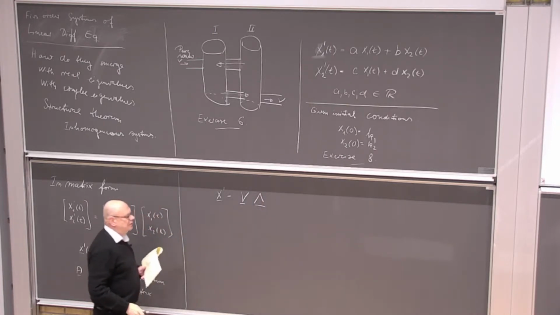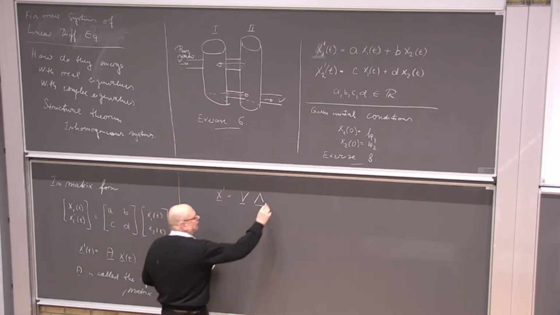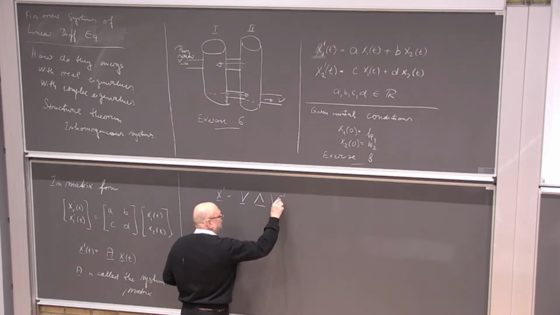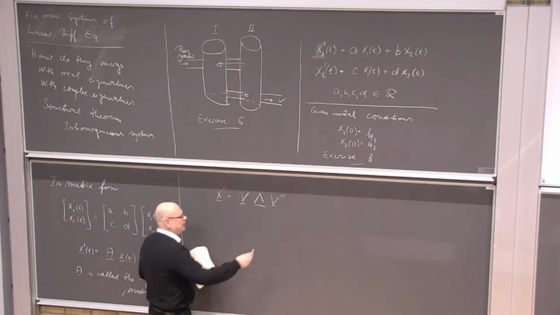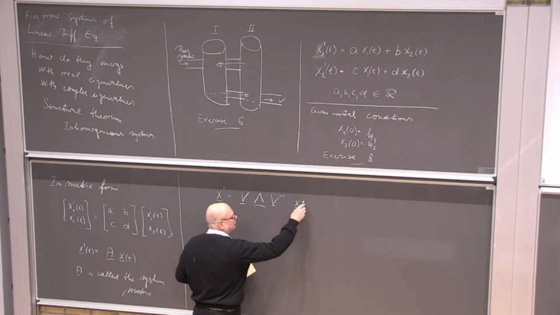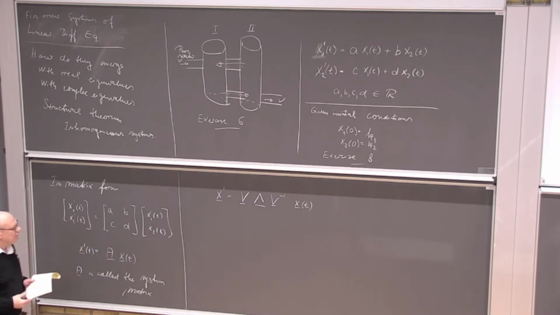Lambda is a diagonal matrix where you have the eigenvalues in the diagonal, and then you should multiply by the inverse of V, and then times x of t. So you can do this.